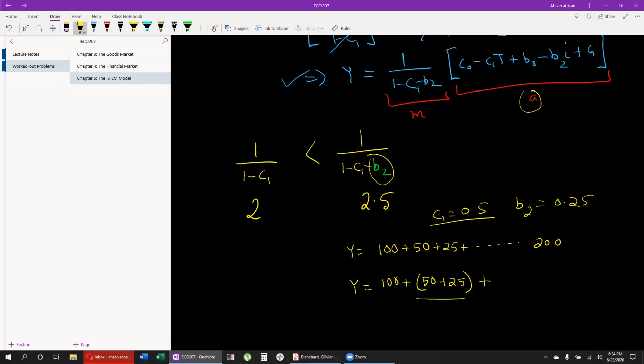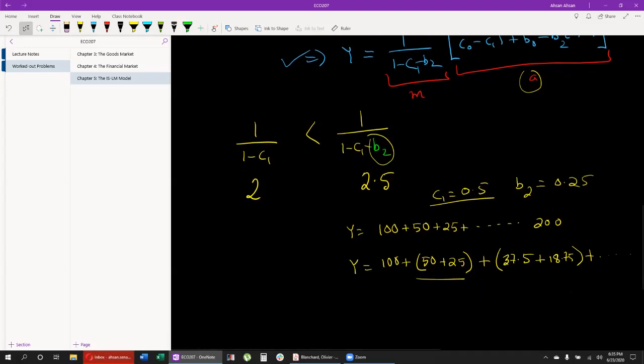This rise in income of 75 is a rise in income of someone else. And for that person, what does he do? He spends 50% of it and he invests 25% of it. So how much is 25% of this? 18.75. And then so on and so forth.